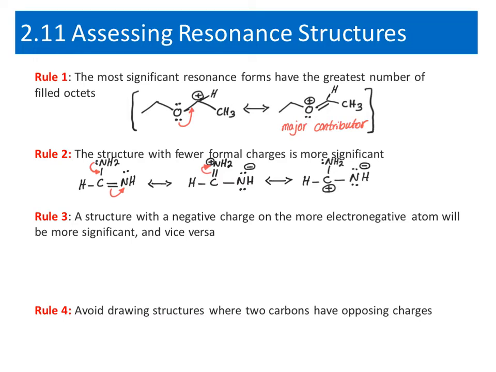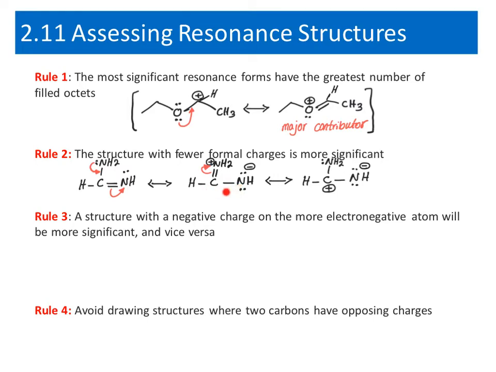If you look at the last one, we can recognize a carbocation, so no octet. Therefore, this cannot be a good contributor. So this is not the major one, definitely. Now among these two, all of the atoms in both structures have the full octet. So we need to use the second rule to identify the major contributor.